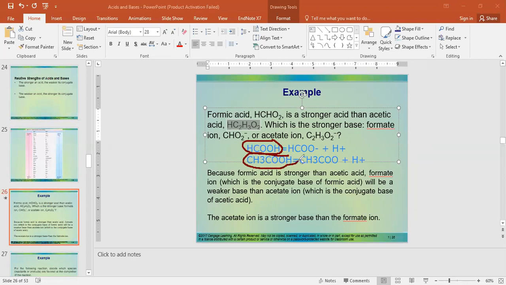So this one here is supposed to be weaker than this one here. That's what we are saying.